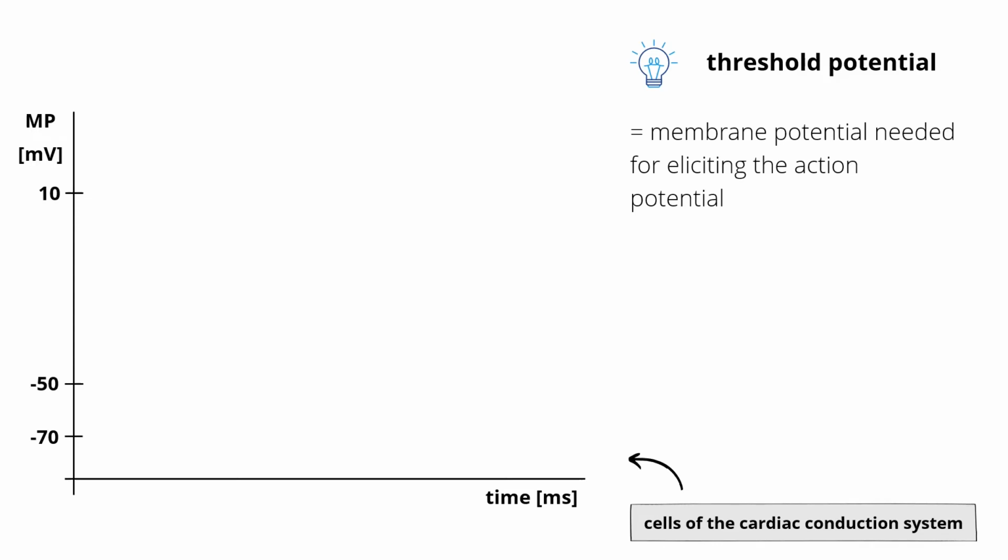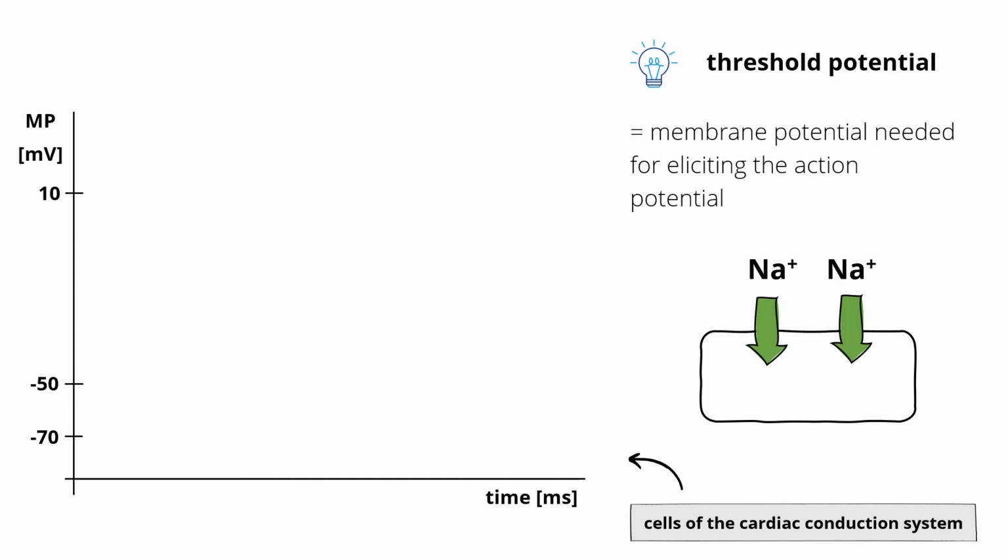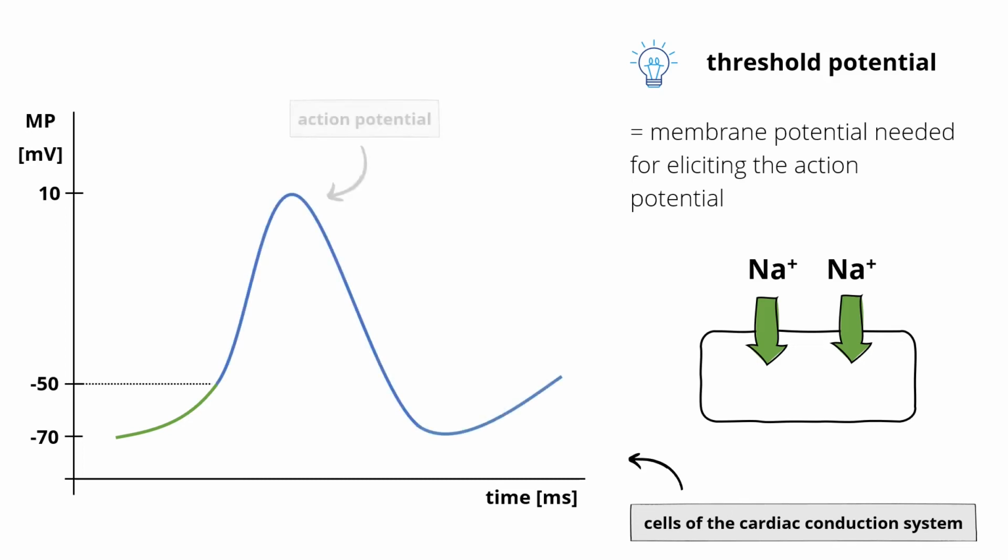Now, as we said, in order to elicit an action potential and generate an impulse, it needs to reach threshold. So sodium cations enter the cell and the membrane potential becomes more positive. And at around minus 50 millivolts, the membrane potential is positive enough to elicit an action potential.